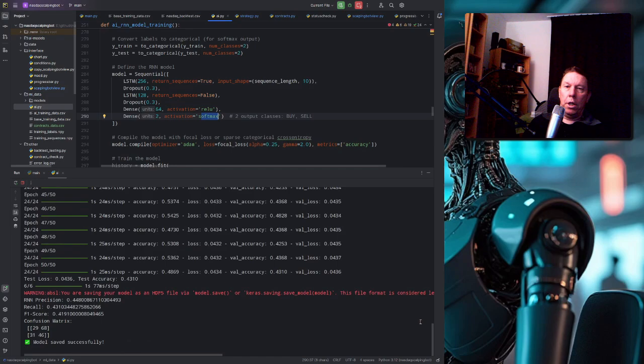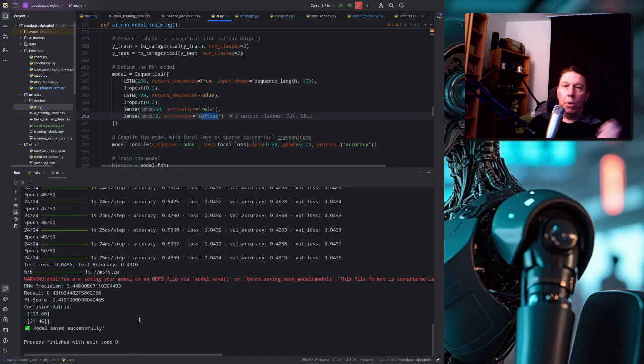Accuracy: for now a precision of 44%, which means, as you see right here in the confusion matrix, 29 correct buy calls versus 68 wrong buy calls, and 31 sell calls correct versus 46 sell calls wrong.